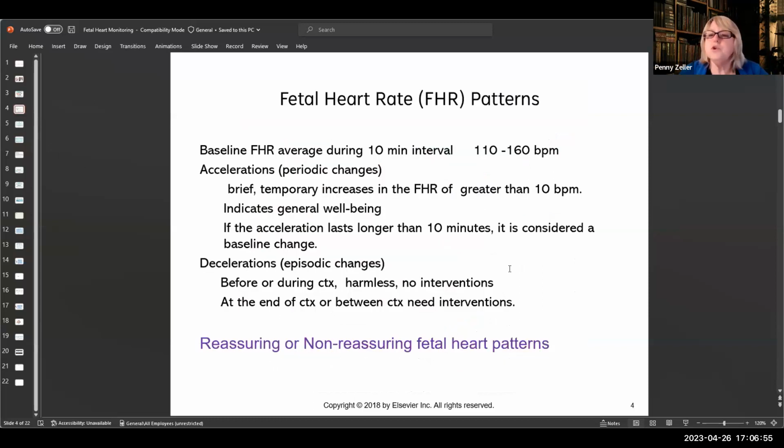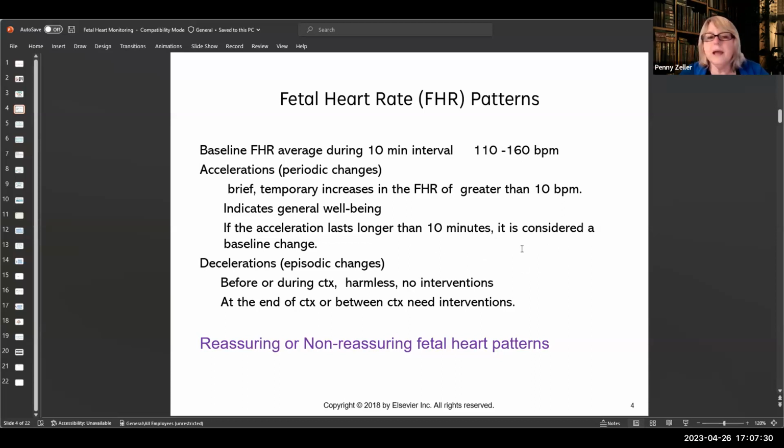Okay, so some normals. Normal heart rate for a fetus, the range is between 110 and 160. Accelerations are expected. If baby is moving a lot, then you're going to see the heart rate go up. Deceleration means that there's diminished blood flow.